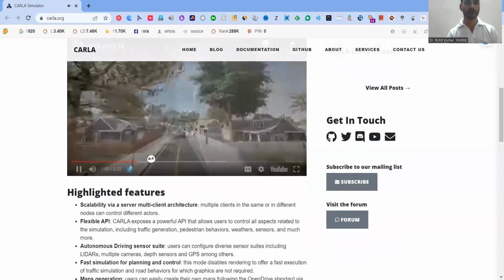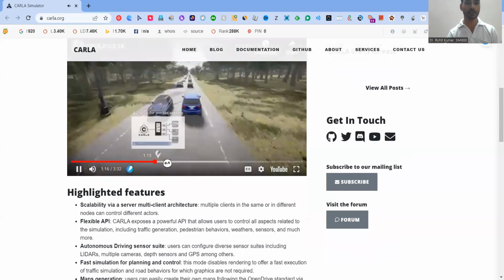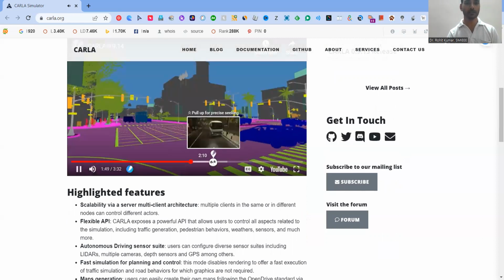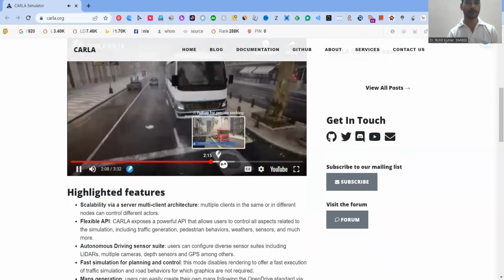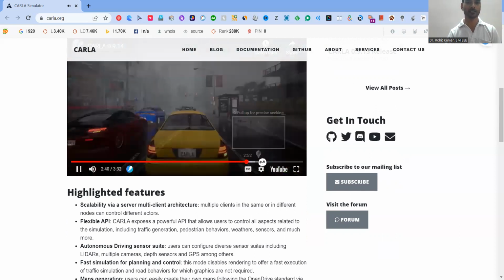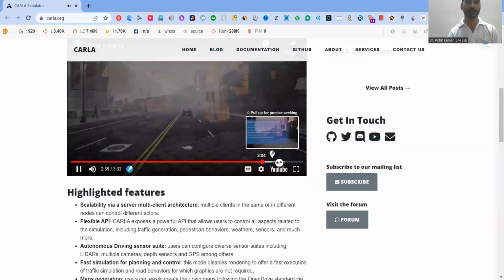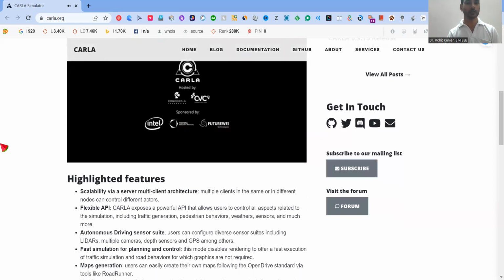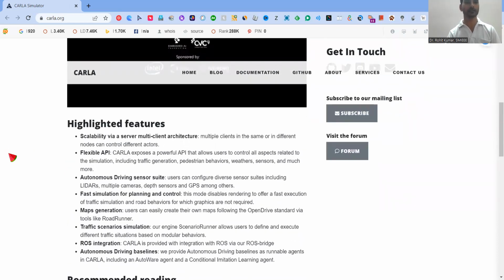Hopefully you must have liked the video. We can't play the whole video because our video will get long. So here you can see the basic dimensions and the objects they're placing, the lanes, vehicles, etc.